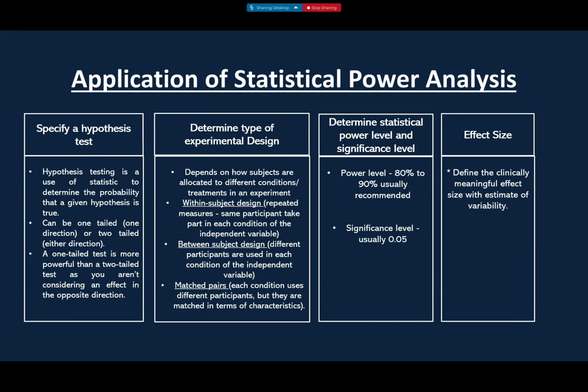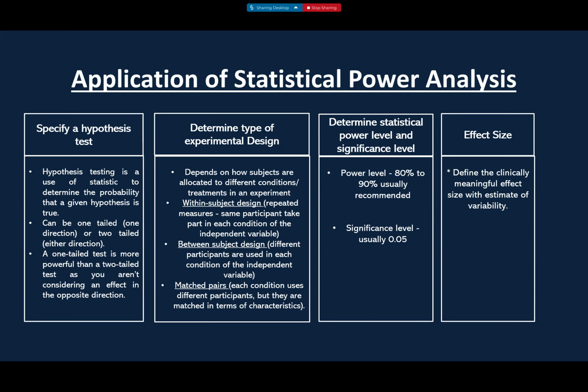Then the next step would be to determine the statistical power level and significance level. Usually the recommended power level is 80% to 90% with a significance level of 0.05. And if you want a bit more wiggle room, then you can increase it to like 0.10. But the usual significance level is 0.05. And then effect size.